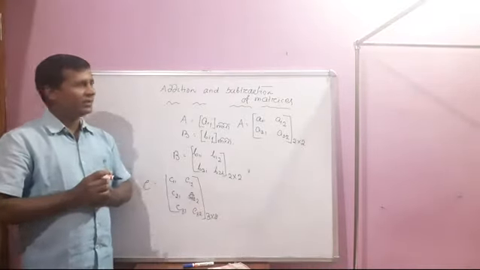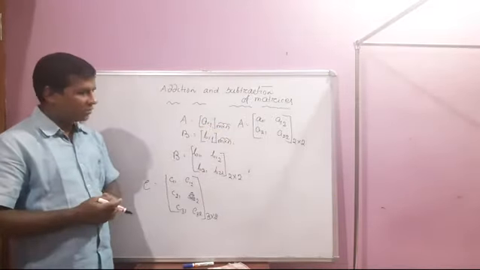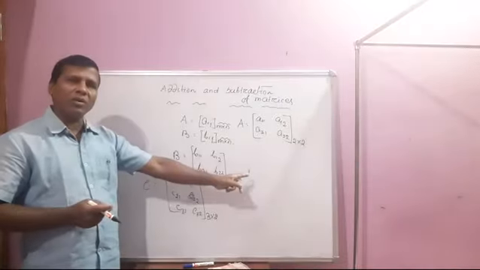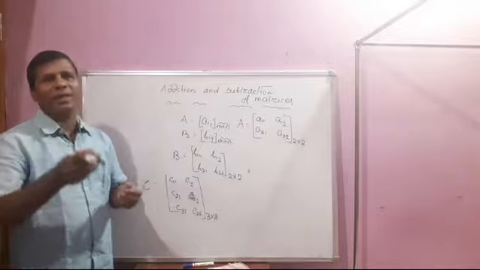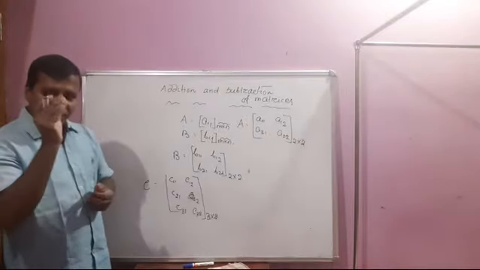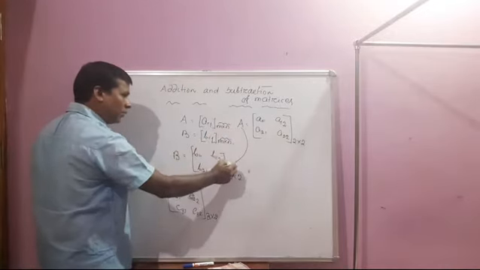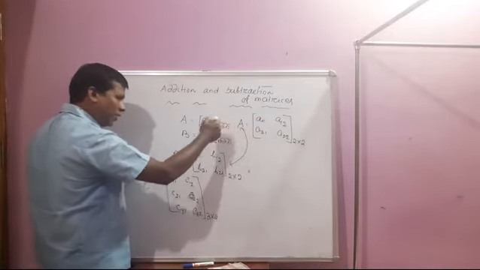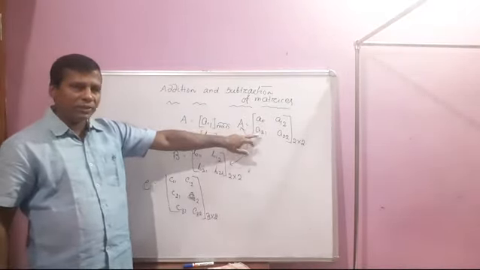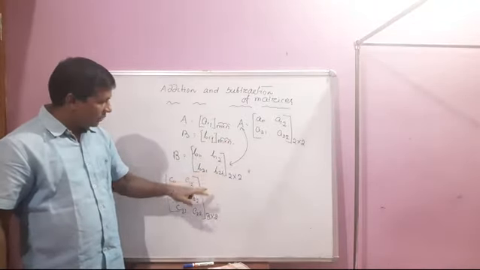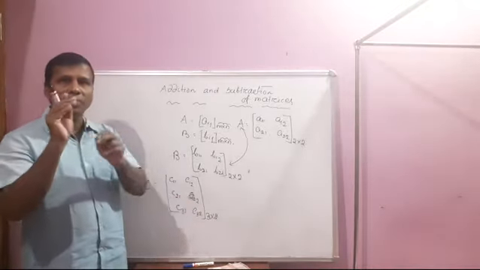Dear students, A is a 2 cross 2 order matrix, B is also a 2 cross 2 order matrix, and matrix C is a 3 cross 2 order matrix.